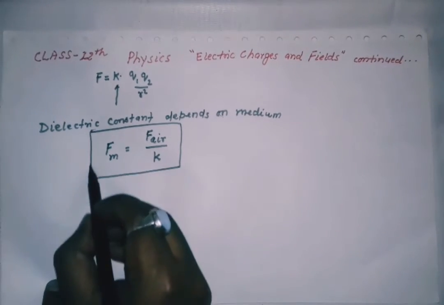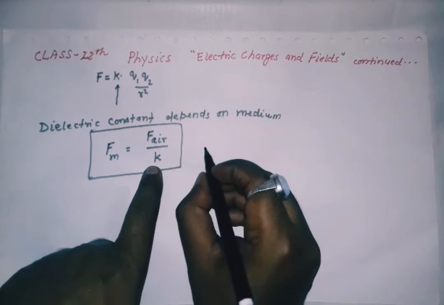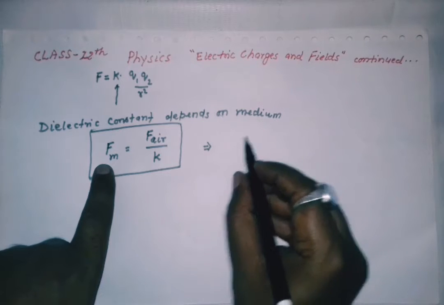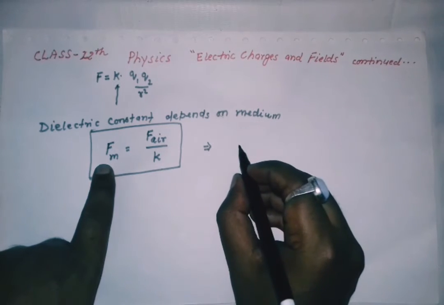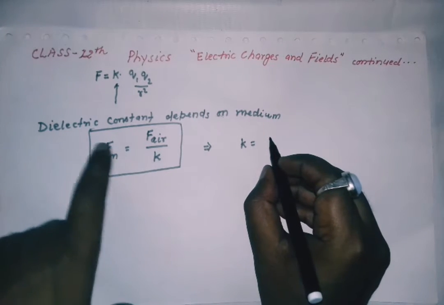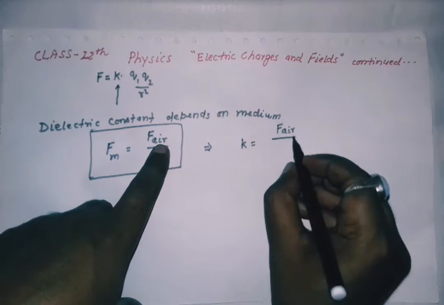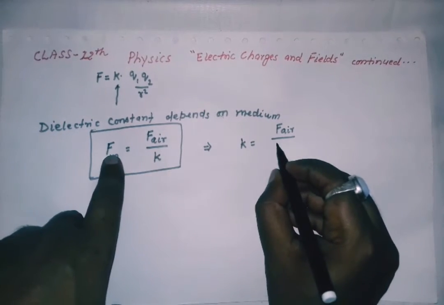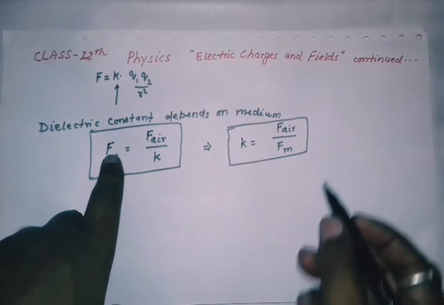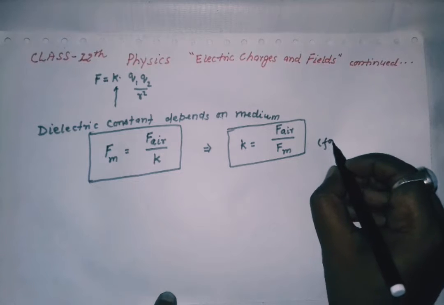So this dielectric constant affects the force in any given medium. So from here K equal to force in air divided by force in medium for the same pair of charges.